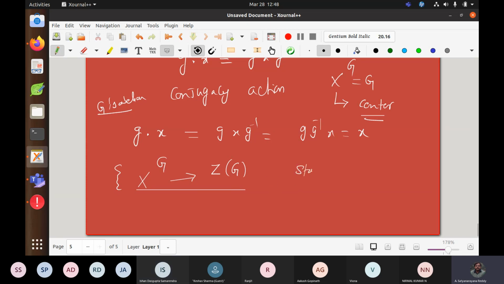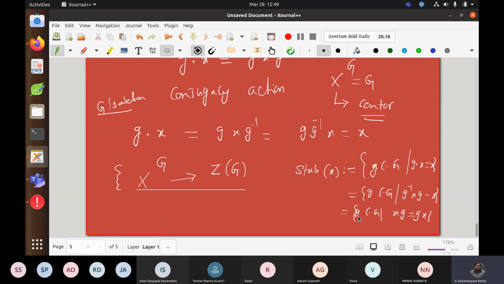So what about the stabilizer of x? What actually does the stabilizer of x mean? It is all those g belonging to G such that gx equals x. So gxg inverse equals x, that is, all those g in G such that xg is equal to gx.